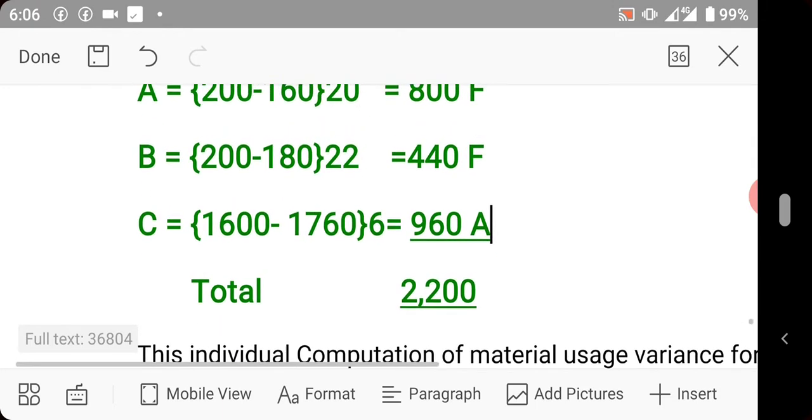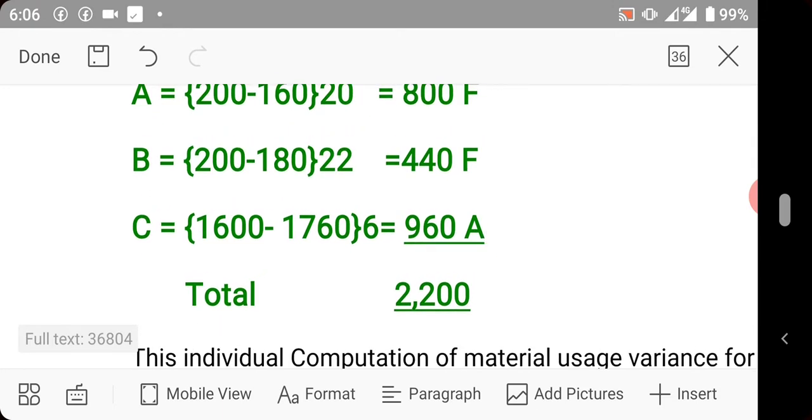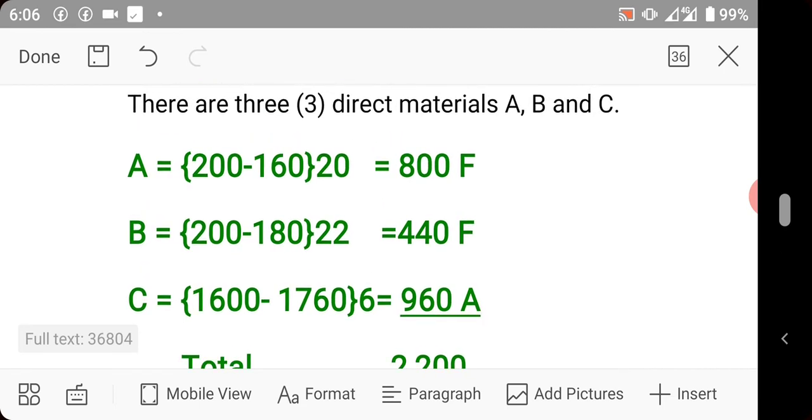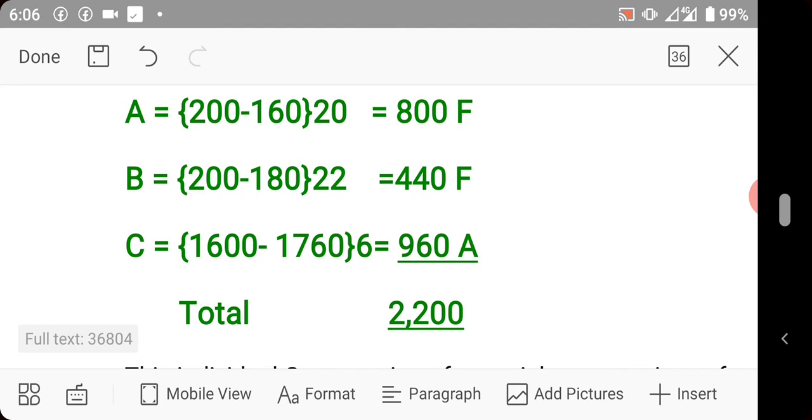So we continue. We have 800 plus 440. You add the favorable and less the adverse.